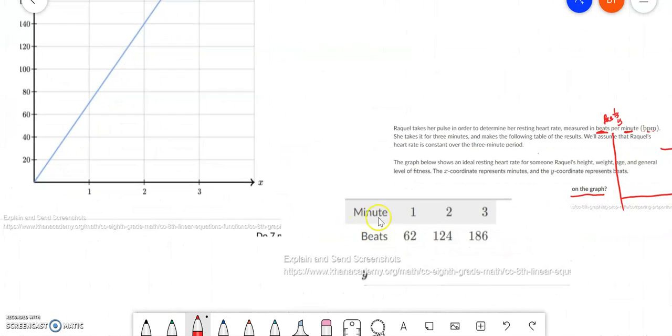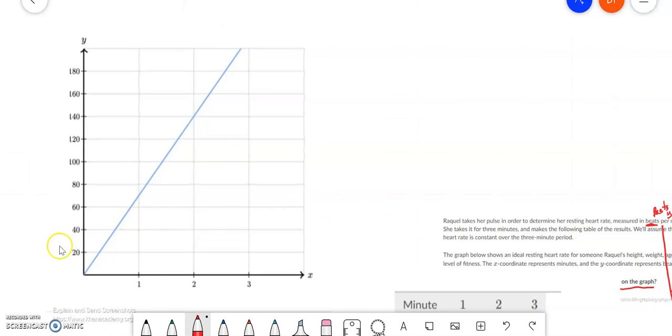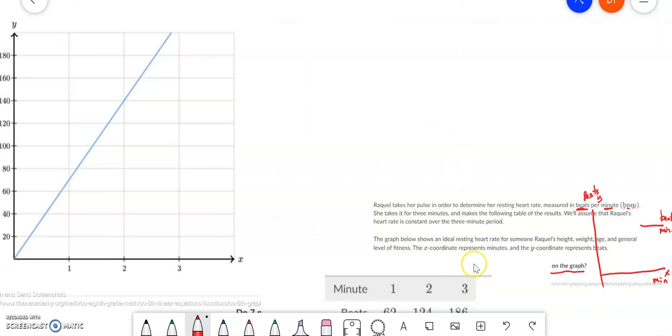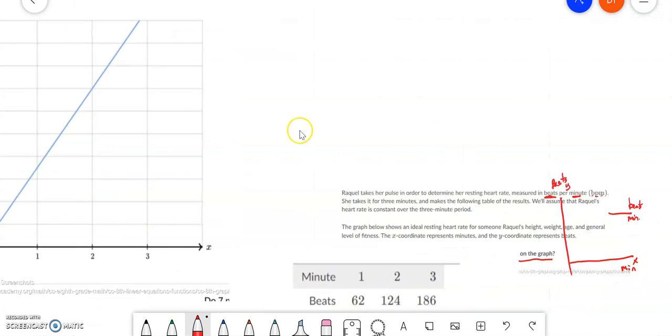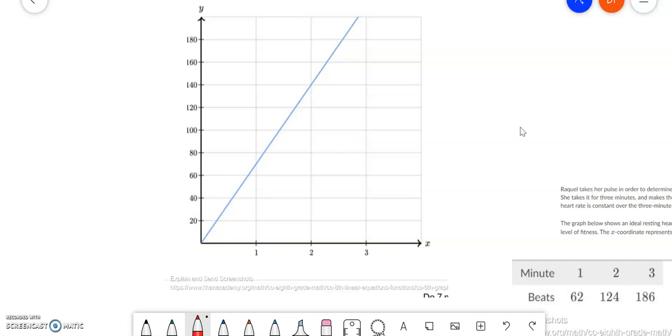So what we see is the blue line is the ideal heart rate. If you look at the problem, it said the x-axis was minutes. So this is how many minutes have gone by. And the y-axis, it said, was the heartbeats, right?